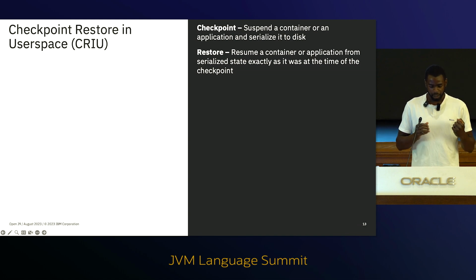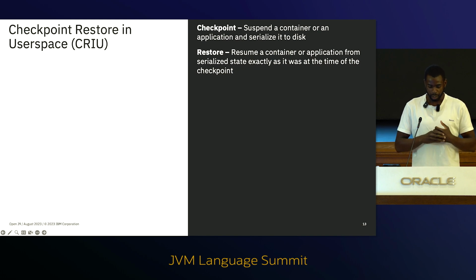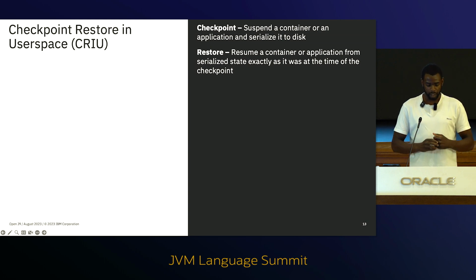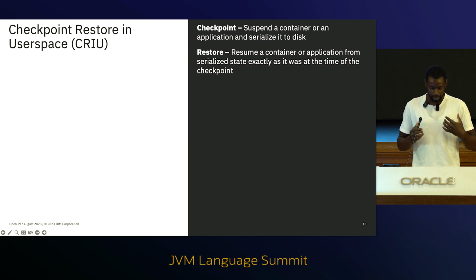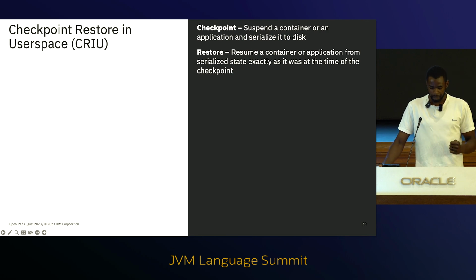So it's essentially a utility that can take a running container or a process and checkpoint its state and serialize it to disk. The serialized state includes everything needed to resume it at a later time. The saved state can then be used to restore the application exactly as it was at the time of checkpoint. So it's essentially freezing it and then resuming.